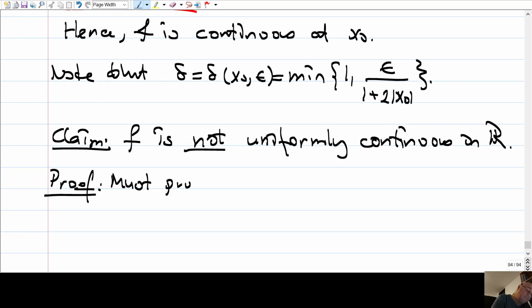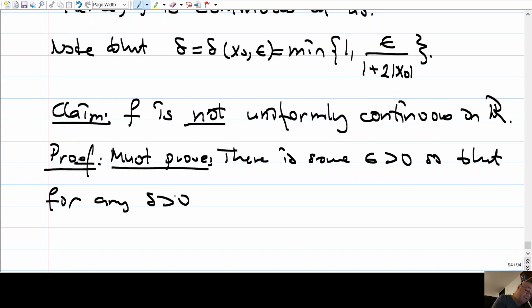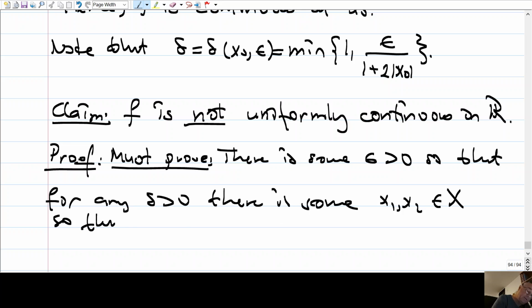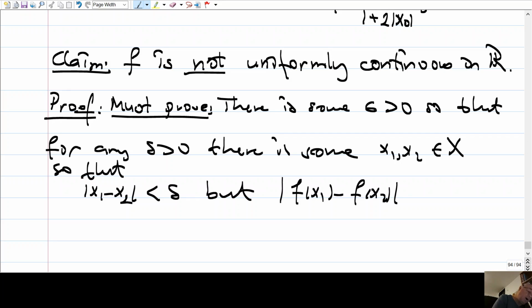Must prove there is some epsilon so that for any positive delta there are some points x1 and x2 so that x1 minus x2 are delta close to each other, but their images f of x1 and f of x2 are not epsilon close.